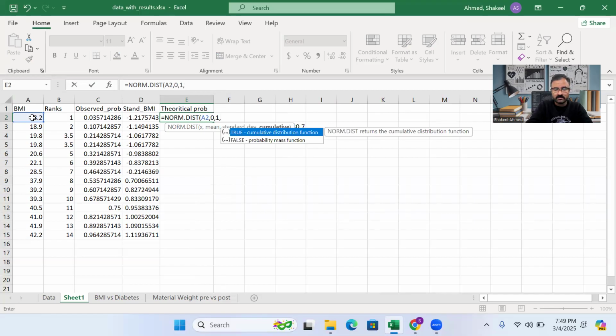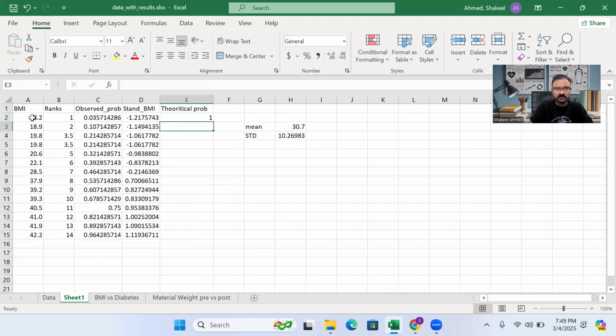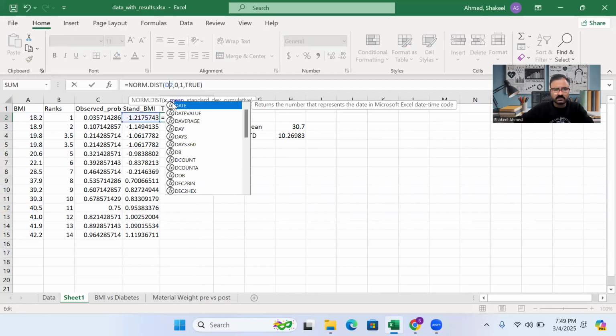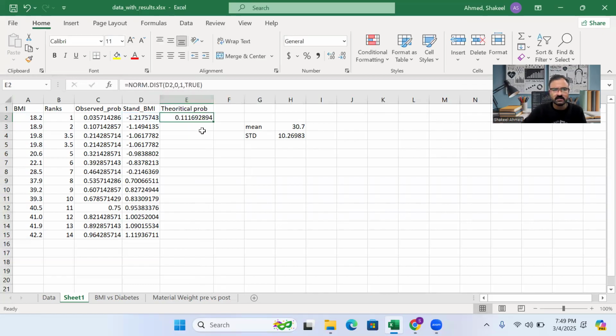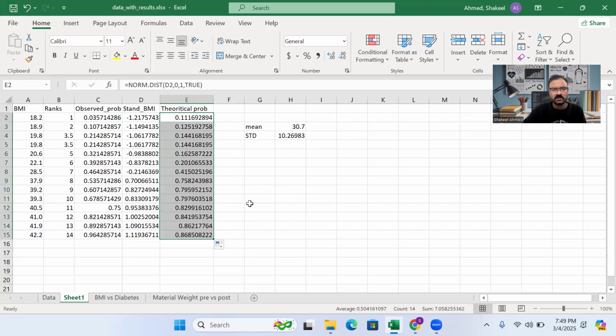Although you can use the standard normal distribution instead of the normal distribution. And the cumulative is true, it means we are finding the cumulative probabilities. It should not be the actual BMI; we need to use this standardized BMI. We are using the standard normal distribution, right? So these are the theoretical probabilities corresponding to each observation.